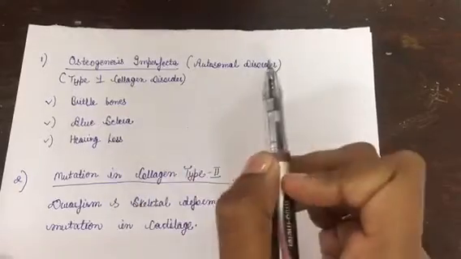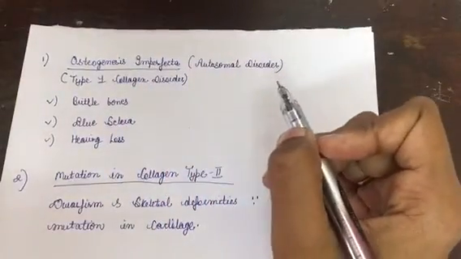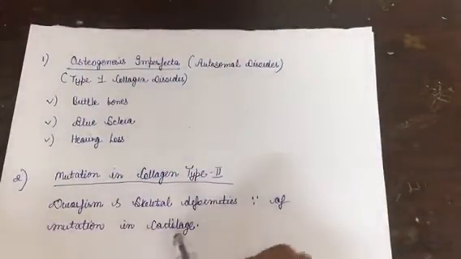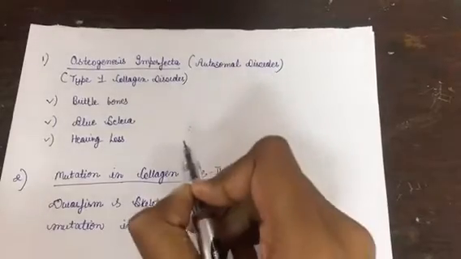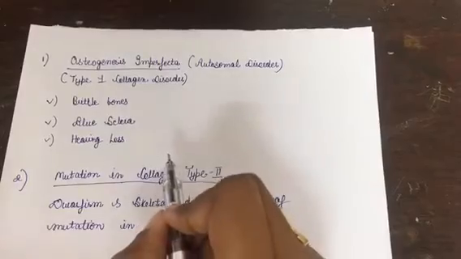And hydroxyproline and hydroxylysine are not essential amino acids. These are formed after hydroxylation. This hydroxylation is important in maintaining the stability of the triple helix by forming hydrogen bonds between component chains.